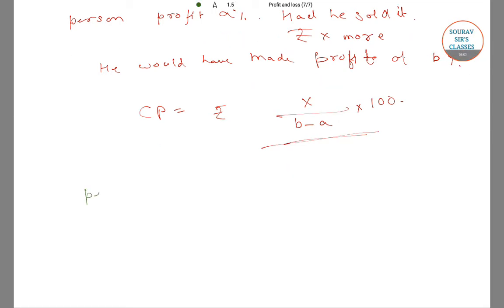Similarly, if a person sells an article at a loss of A%, then had he sold the article at X rupees more, then he would have made a profit of B%.